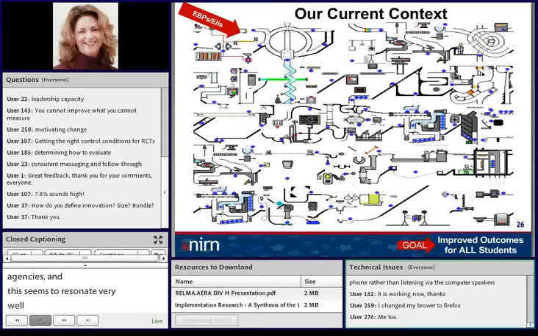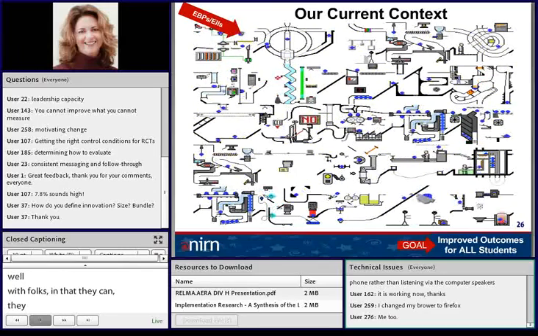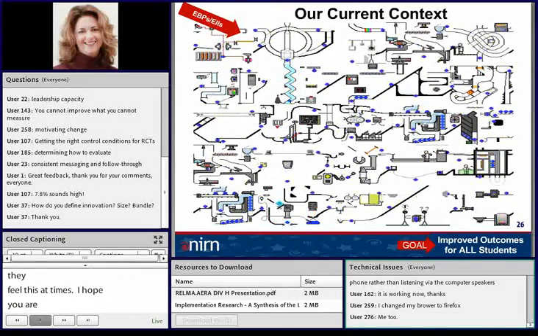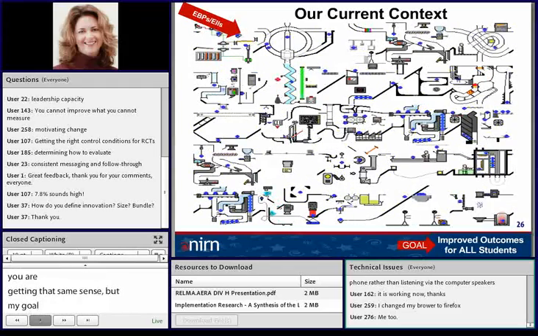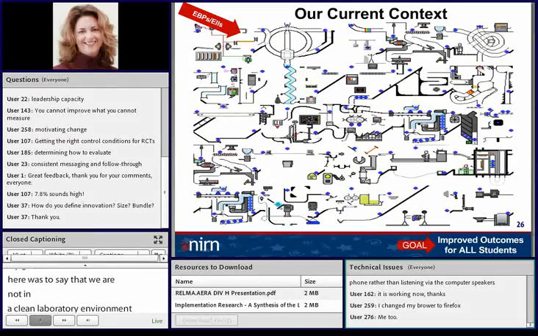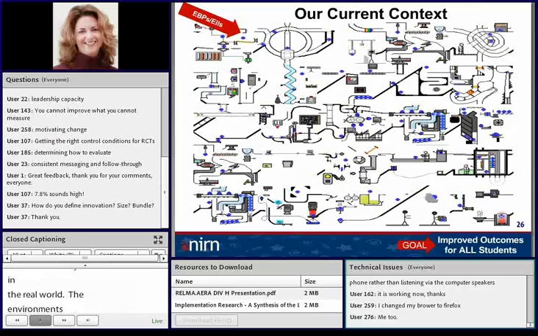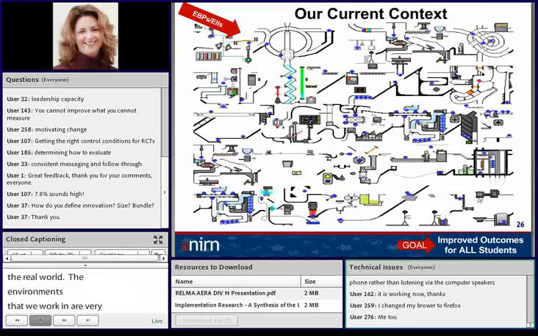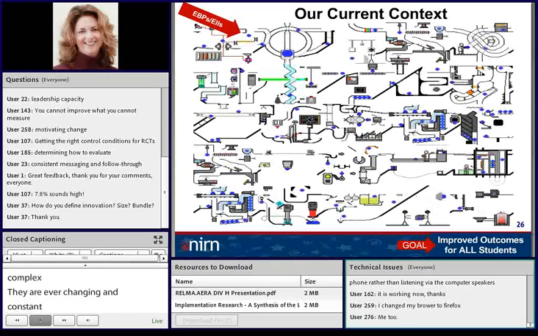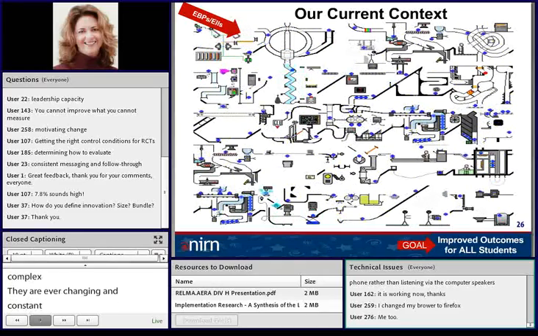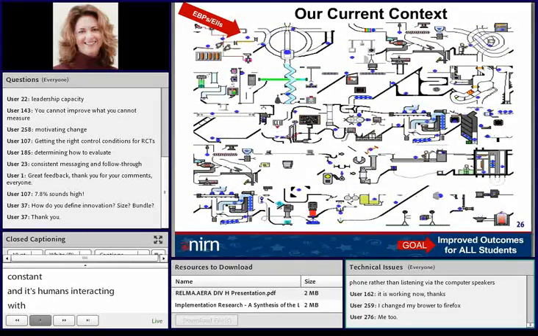So I hope you're getting that same sense, but my goal here was to say that we're not in a clean laboratory environment in the real world. The environments that we work in are very complex. They're ever-changing and constant, and it's humans interacting with one another, which can impact implementation as well.